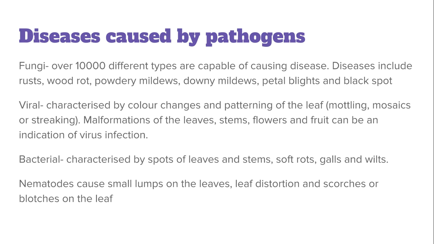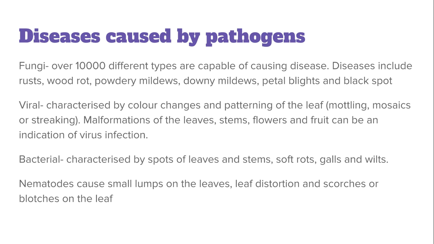In terms of diseases that are caused by pathogens, if we look at fungi, there are over 10,000 different types of fungi that are capable of causing diseases in plants. And some of the diseases that fungi cause include rust, wood rot, powdery mildews, downy mildews, petal blights, and black spots. In terms of viral causes of disease, they can be characterized by color changes and patterning of the leaf, which is the mosaics we just mentioned.